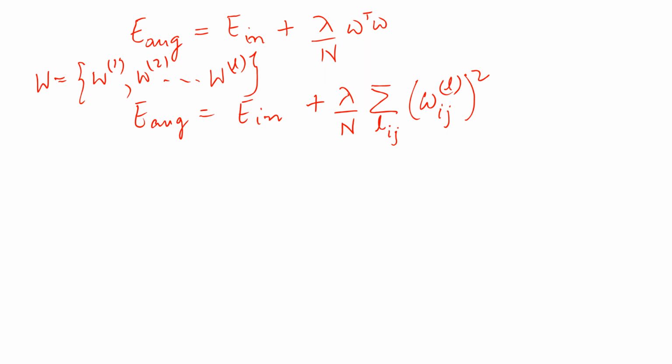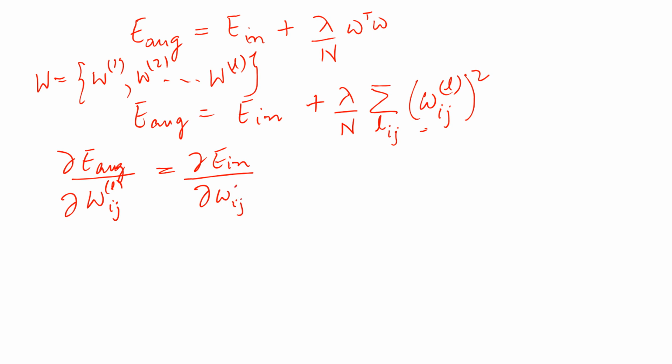Now I'm interested in the gradient of the error, because of course I will be applying gradient descent. Component-wise, I can take the gradient of this augmented error with respect to w^(L)_ij, and get the gradient of E_in with respect to w^(L)_ij plus (lambda over n) times 2 times w^(L)_ij.